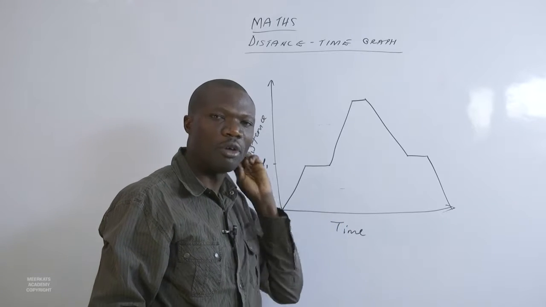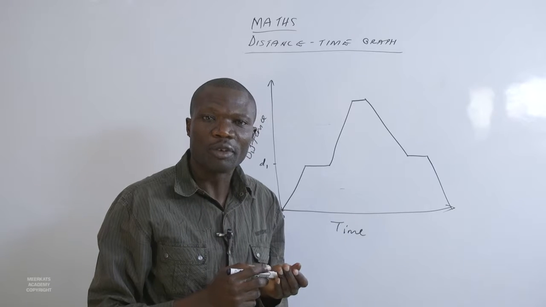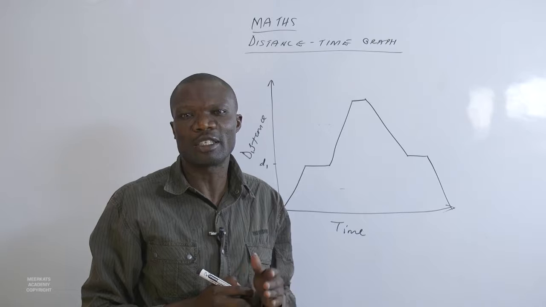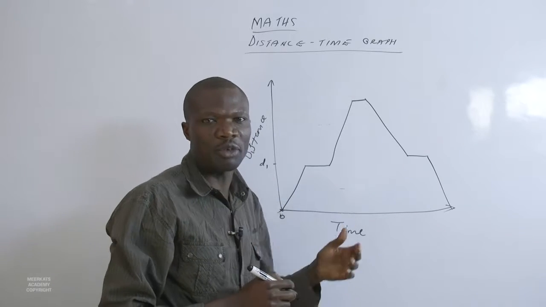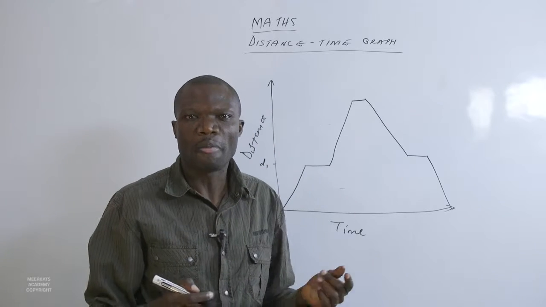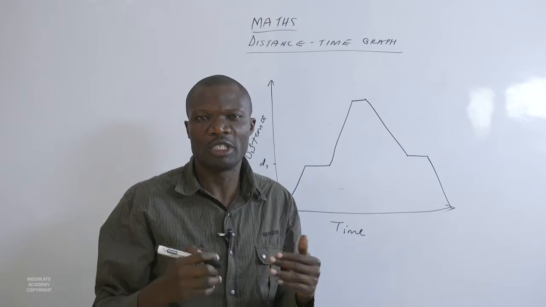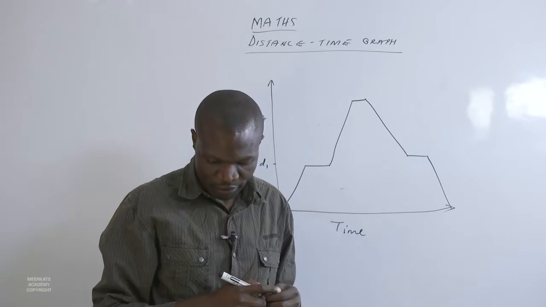With a distance time graph, we are supposed to use the graph, interpret the graph, and describe the journey that someone covers or drives given the graph that we have. Alternatively, if we have the description of the journey, we should be able to come up with a graph.